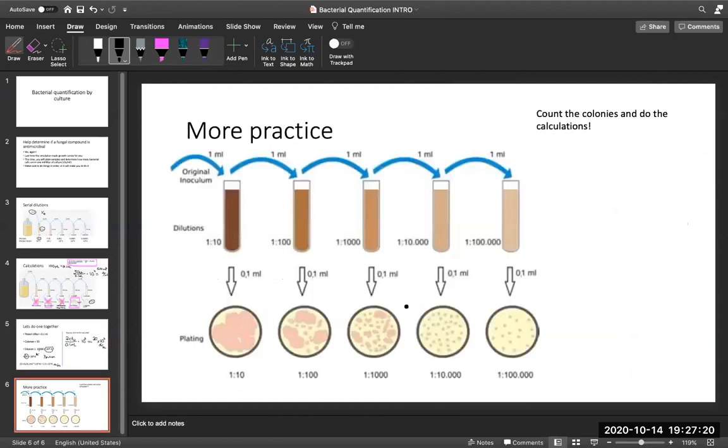Now, for this, I'm asking you to decide which plates do you count, and then you should count them and then do the calculations. So obviously this one is not even forming colonies, so it's too numerous to count. Same here, right?